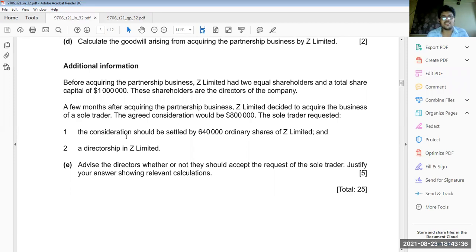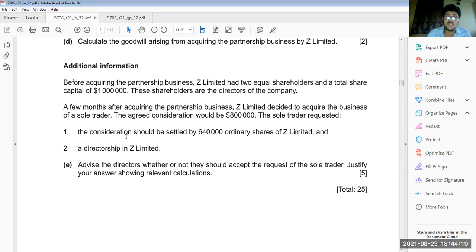Before acquiring the partnership, C Limited had two equal shareholders and total share capital of $1 million. These shareholders are directors. A few months after acquiring the partnership, C Limited decided to acquire the business of a sole trader. The agreed consideration is 800,000. The sole trader requests the consideration be settled by 640,000 ordinary shares of C Limited and a directorship in C Limited. Advise the directors whether or not they should accept the request, justifying your answer showing relevant calculations. The most important thing is this: they have only total share capital of 1 million, and they have to give $800,000 to the sole trader.